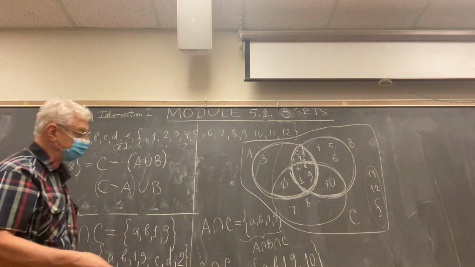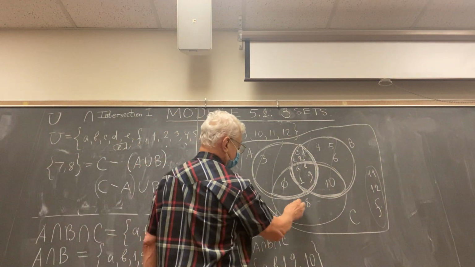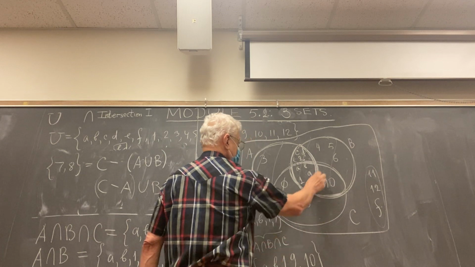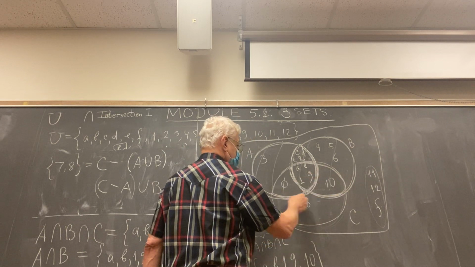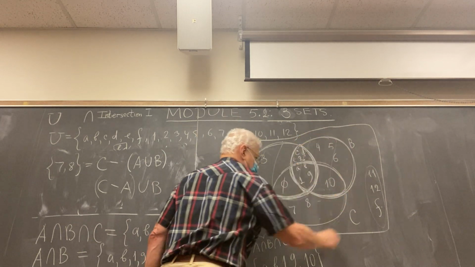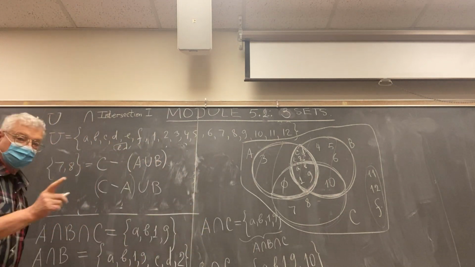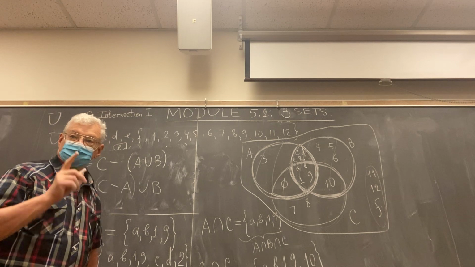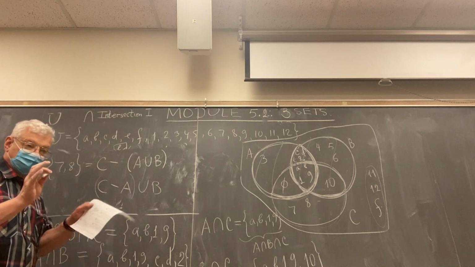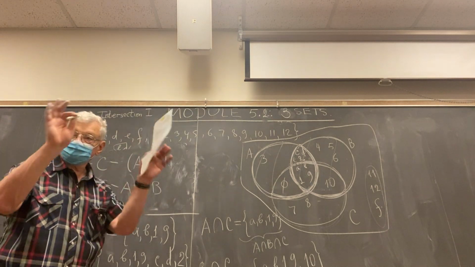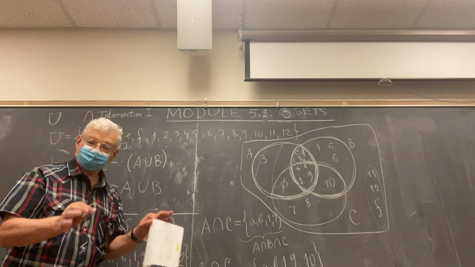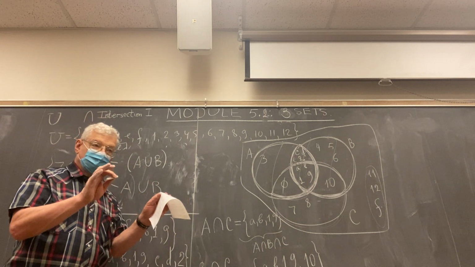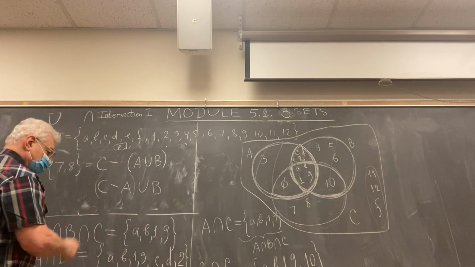C minus A is this part, that part, and plus B, it will be the big part. Important thing is to write parentheses correctly. Once you subtract some set, consider this as a whole and put the parentheses.